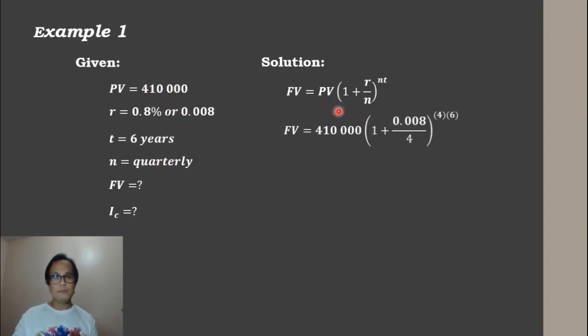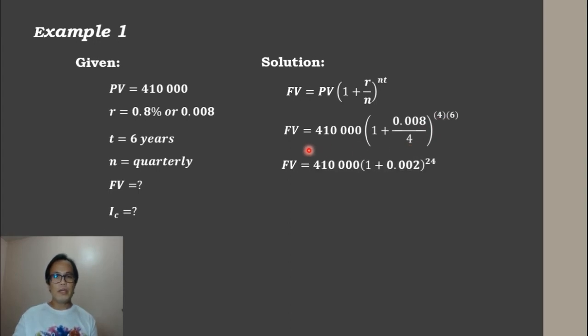So we will have the future value is equal to 410,000 times the one which is the constant, plus our R is 0.008 over the N, which is quarterly, so our N is 4. Then raised to the N, which is 4 times the time, which is 6 years. Then we will simplify. We divide 0.008 divided by 4, and we multiply 4 times 6.